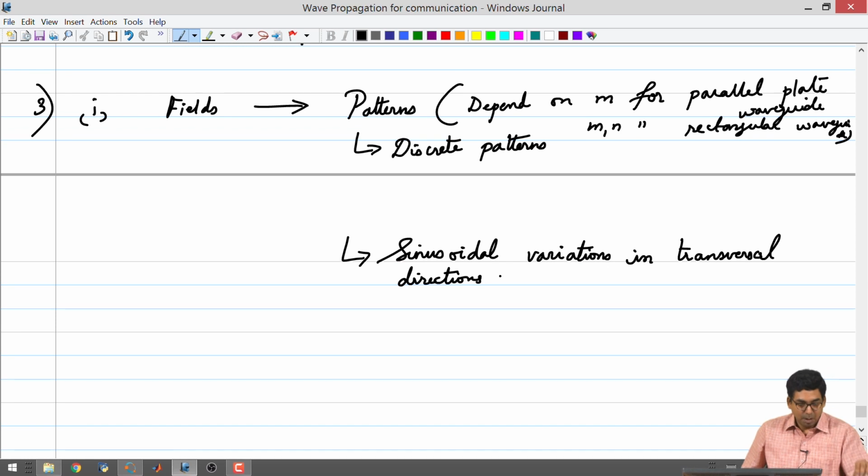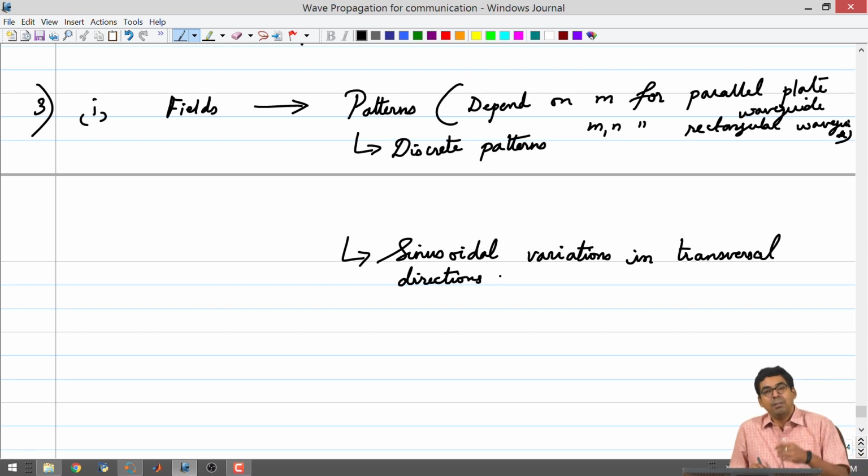So, these are some commonalities, and there are a few more commonalities that we have to talk about. First of all, on the walls you will not have any electric fields, and you will also notice that if you try to go back and look at what the magnetic fields would be like and try to plot them, you will find out that the magnetic fields will be maximum on the walls.